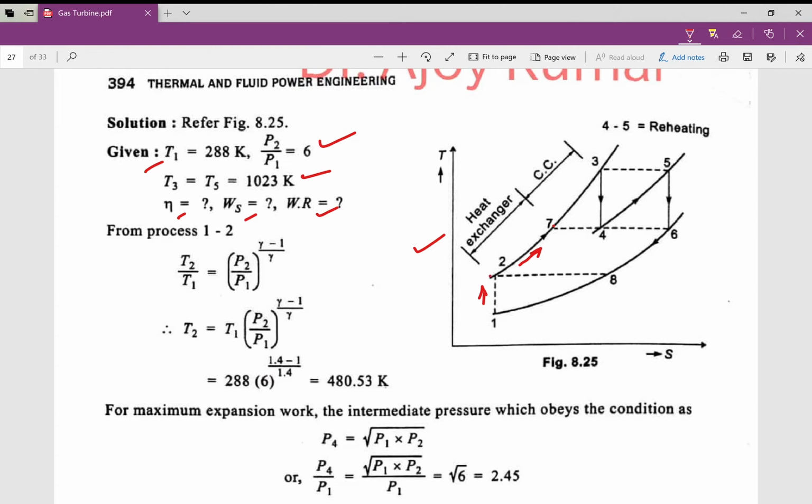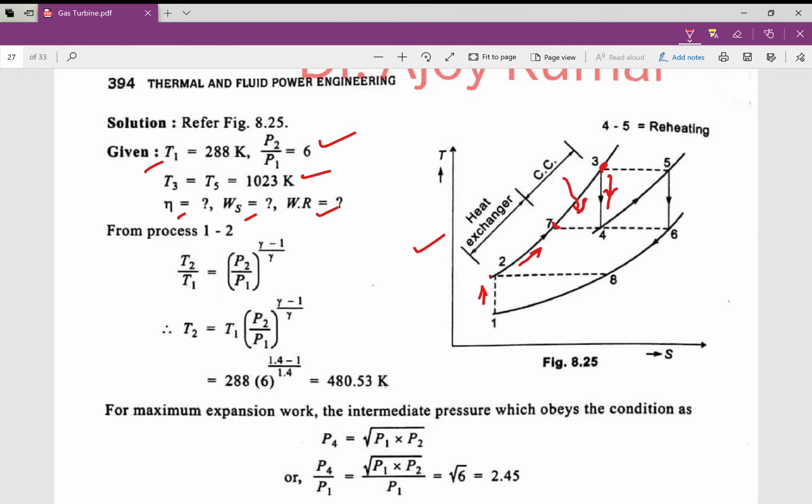It then goes to the combustion chamber where fuel is supplied, and due to burning of fuel heat is supplied in the combustion chamber, right? And then after combustion this hot gas goes to the turbine where isentropic expansion takes place from 3 to 4.